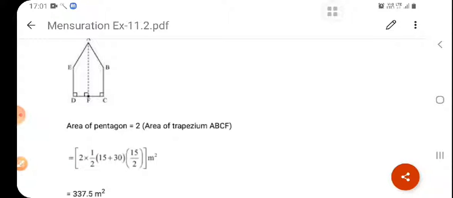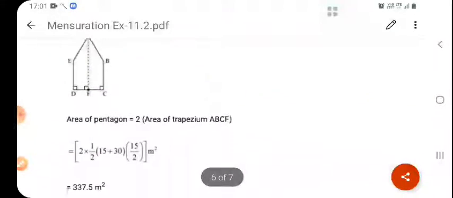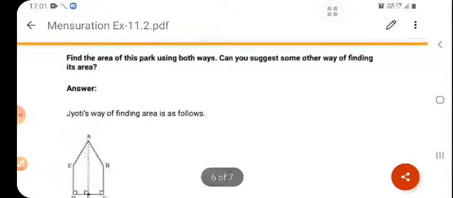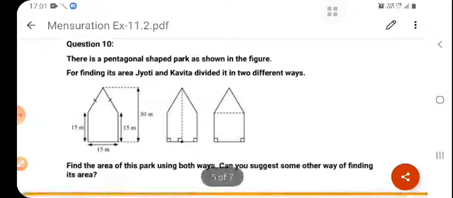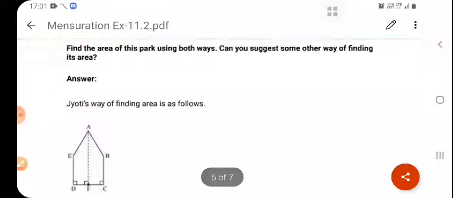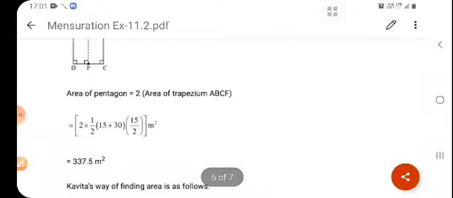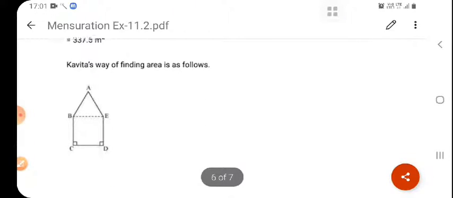The sum of parallel sides is 15 and 30, and the distance between them is 15 by 2. That is the perpendicular distance. So we will get the area 37.5.